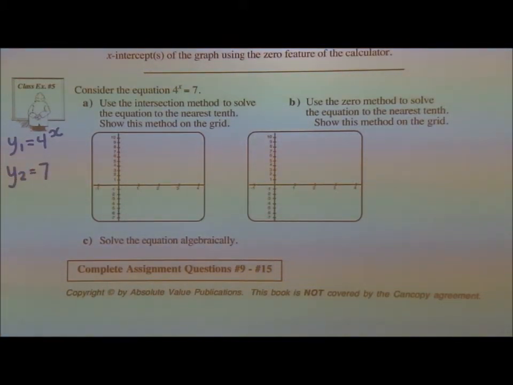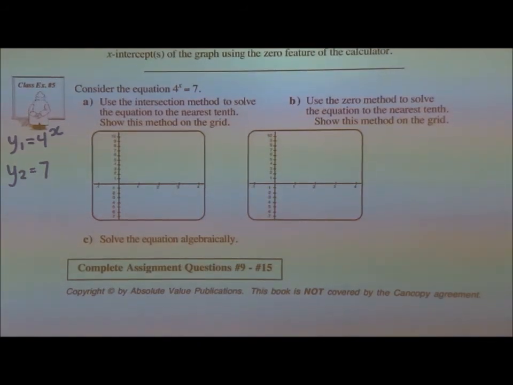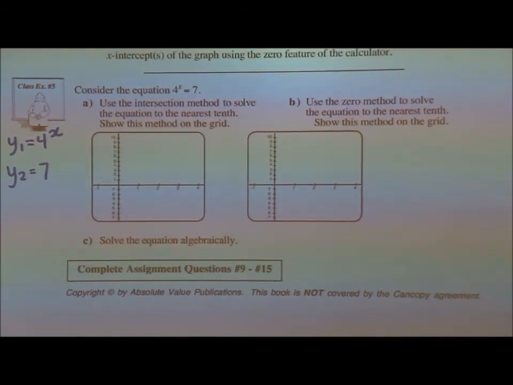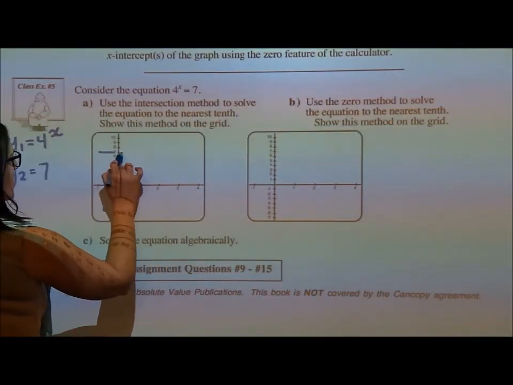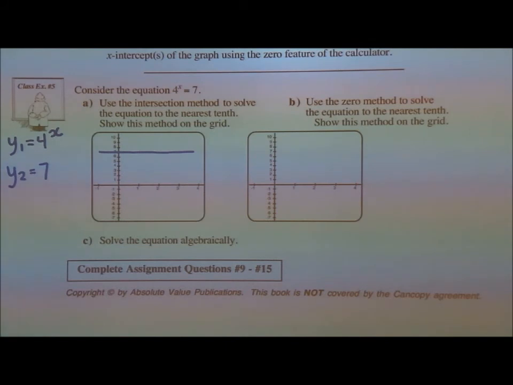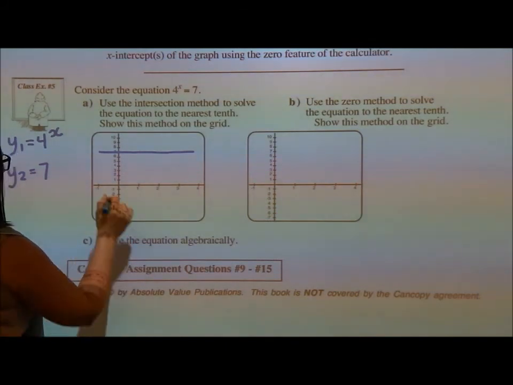So I'm going to give you a moment, and I want you to determine what the solution would be. So I would get an equation where I would have this straight line going through 7. And then I would have my graph of 4 to the power of x.